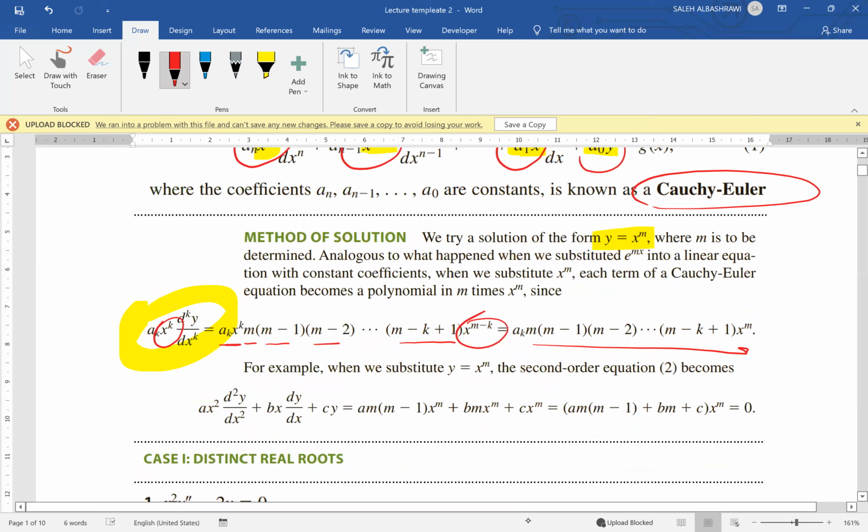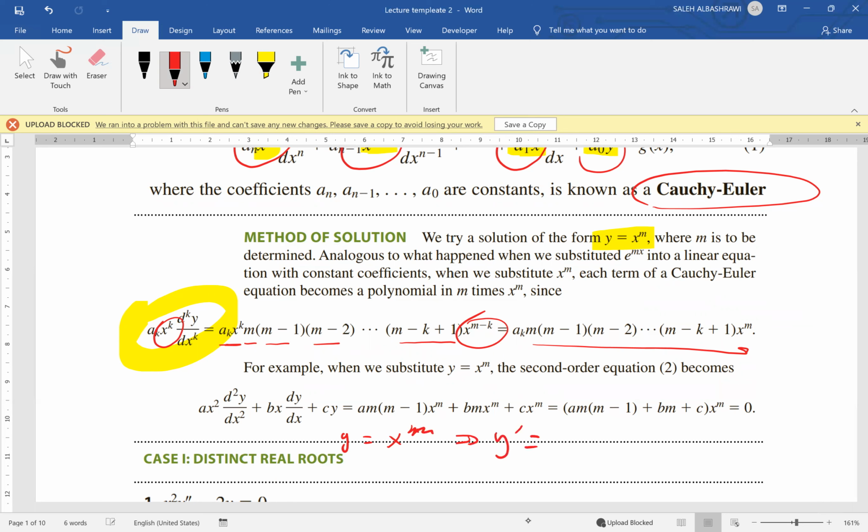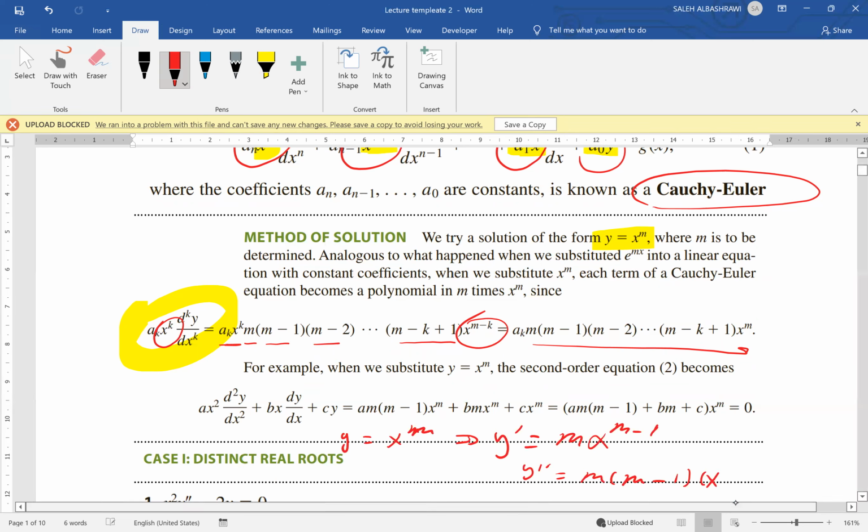For example, if we take the second order differential equation, I will differentiate the function y equal to x to power m 2 times. y prime will be m multiplied by x to power m minus 1, and the second derivative y double prime equals m times m minus 1 multiplied by x to power m minus 2.